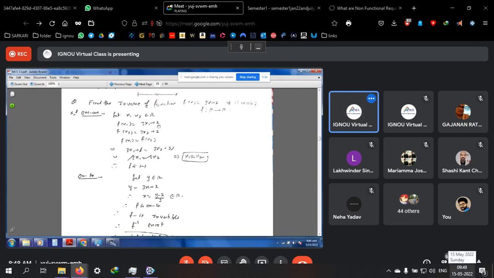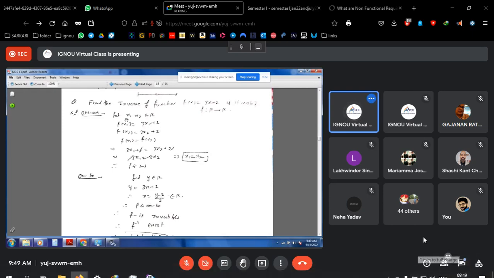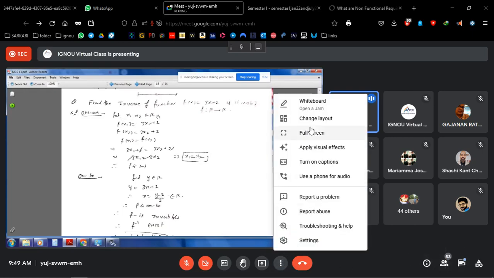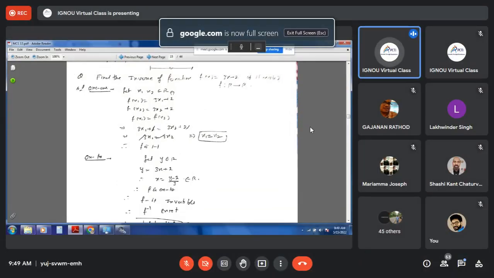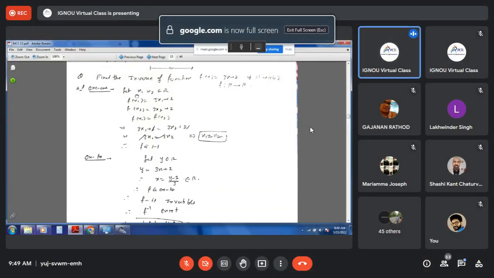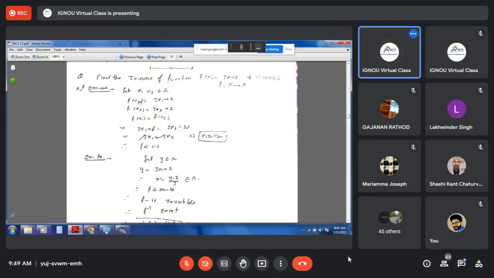So, learn the pattern. You can solve every numerical in this way. Always start with this: let x1, x2 belong to R. Then what is f of x1? Put x is equal to x1. It is 3x1 plus 2.